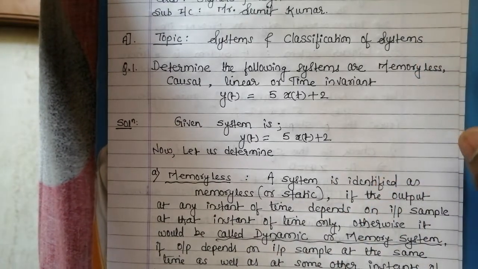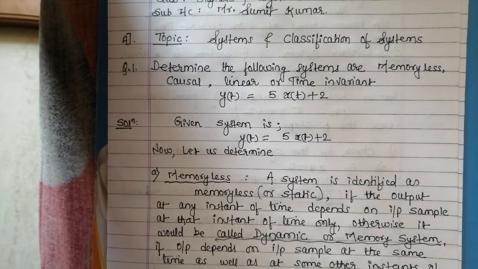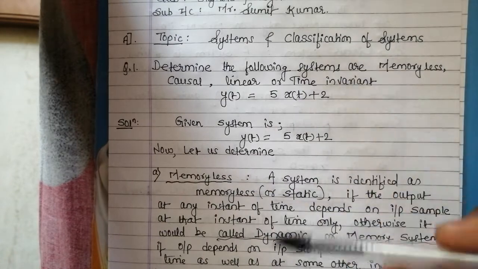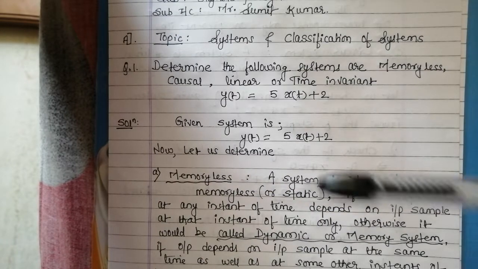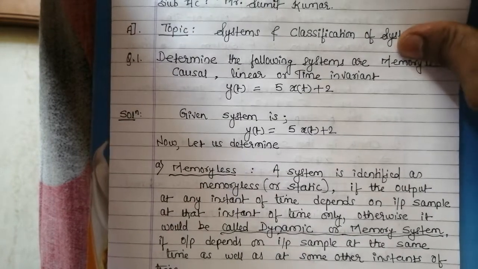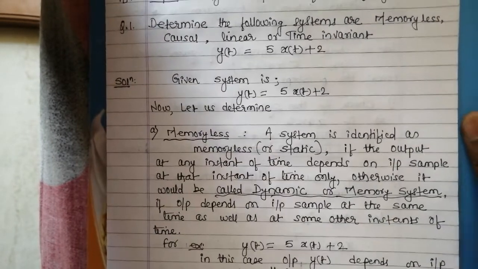First we will discuss the definitions of memoryless, causal, linear and time invariant, and accordingly we will try to find out the system's classification. Now let's see the solution.